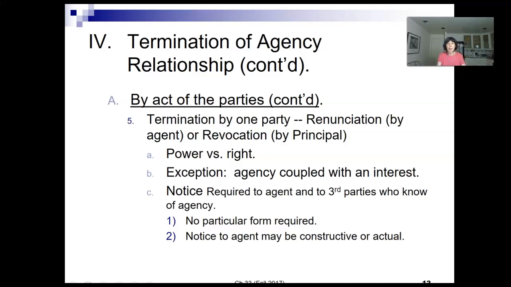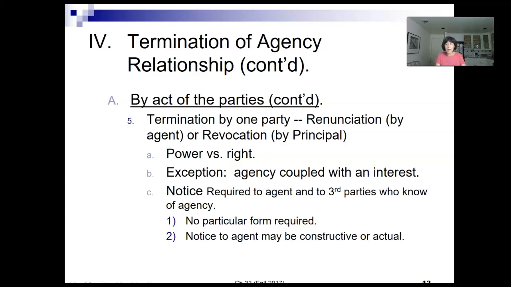And notice to your agent, if you're the principal, may be constructive or actual. Actual is the most reliable because you're going to make sure you find your agent, you hand over the notice, and you know the agent got the notice. Actual is direct. Constructive notice is indirect.